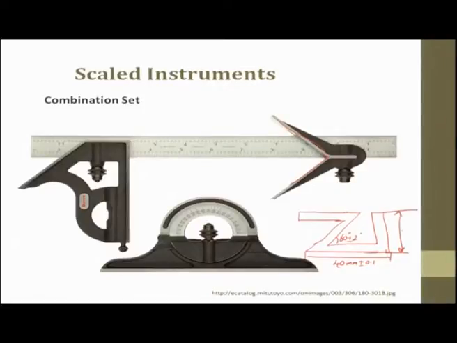So, in this, if you see, there is an angle, there is a height to be measured, there is a depth also. So, this is up to here. You have a depth, you have an angle, you have a length to measure. Then this in one shot can be measured using this combination set.